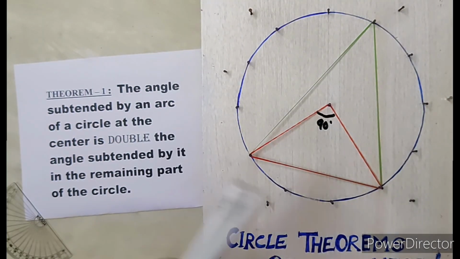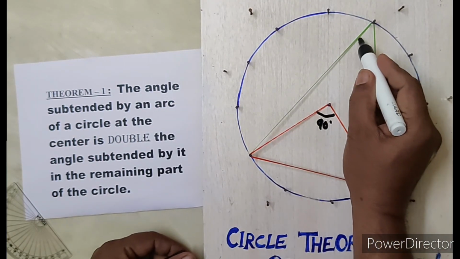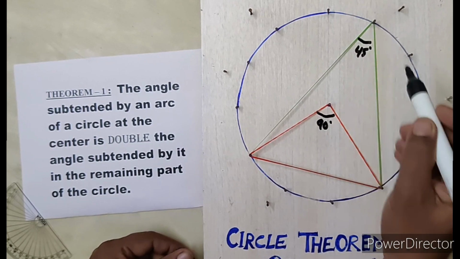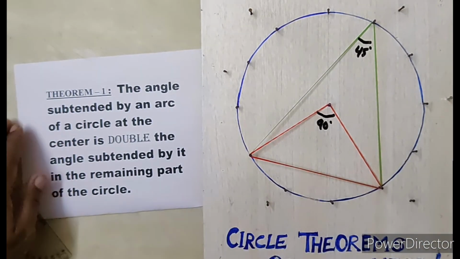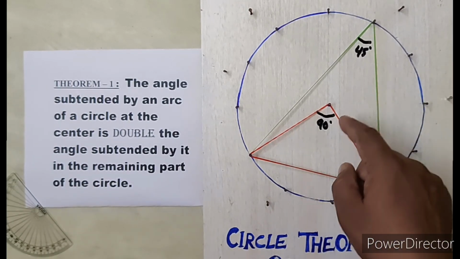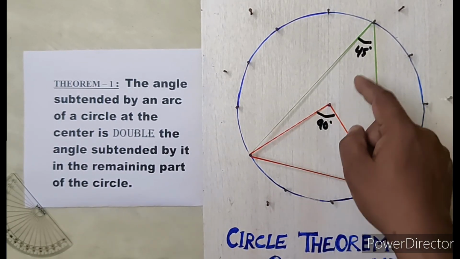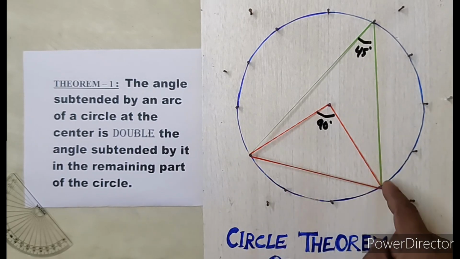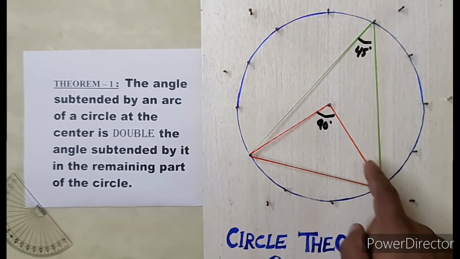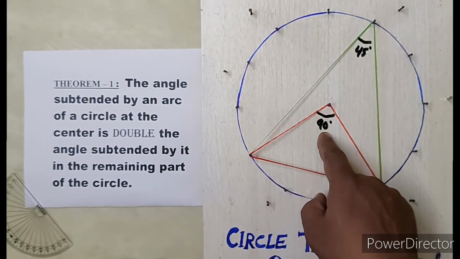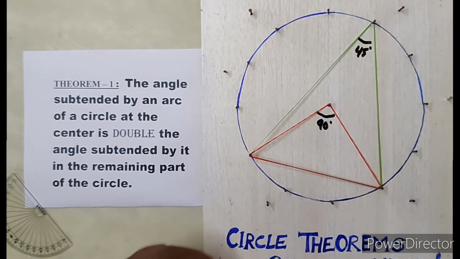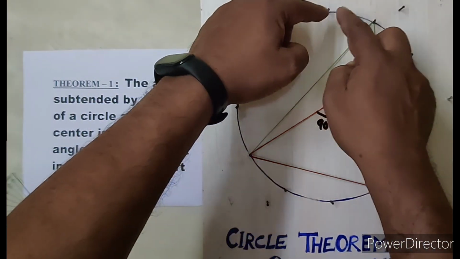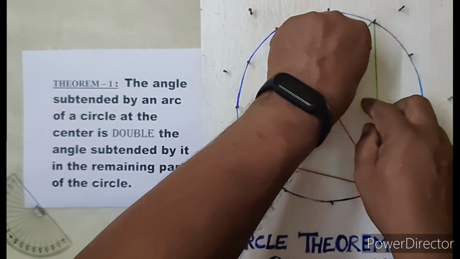So if I write here 45 degrees, you can see, as the theorem says, the angle subtended at the center is double the angle subtended at the circumference by an arc. So this arc is making 90 degrees at the center and 45 degrees at the circumference, and that will happen in any part of the remaining circumference.